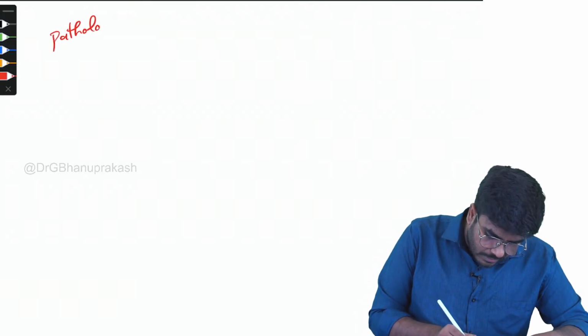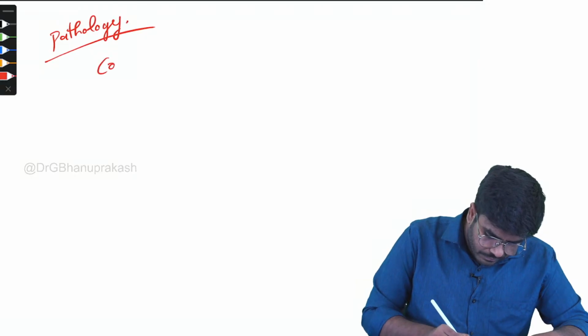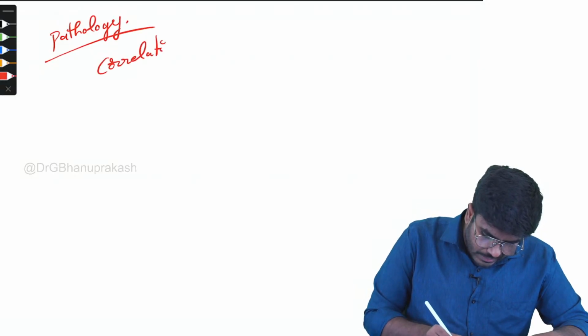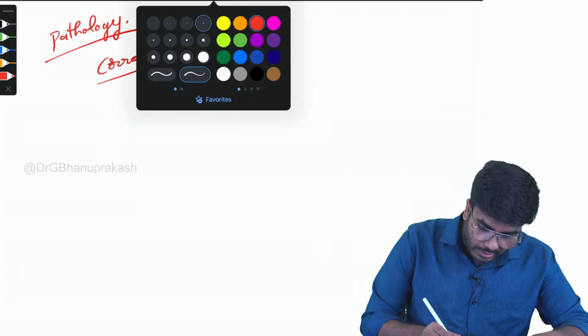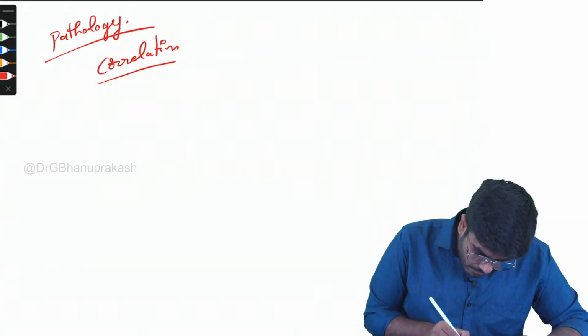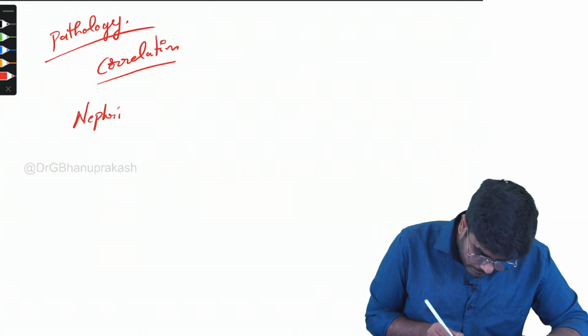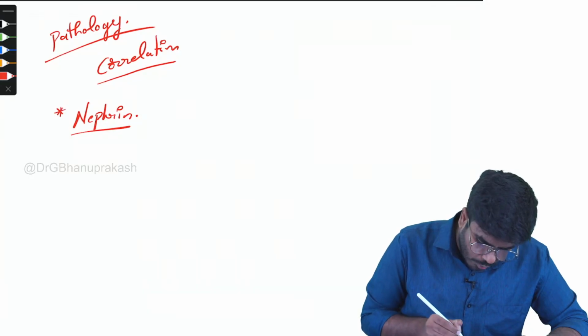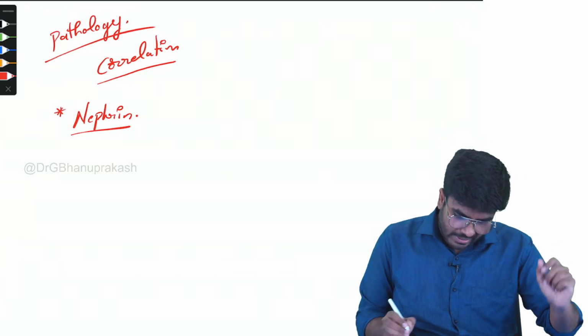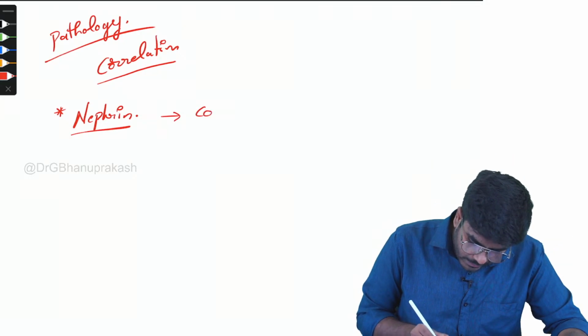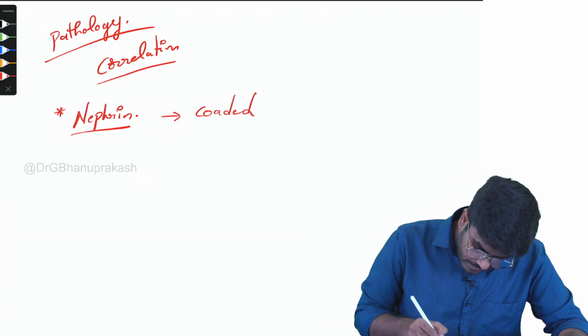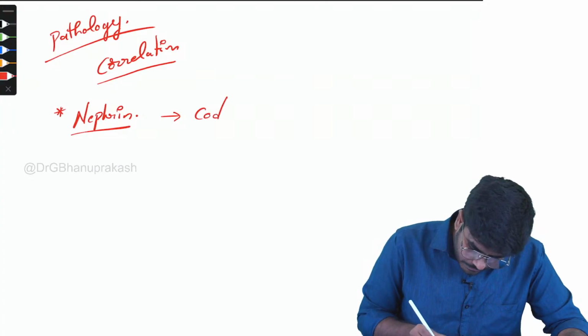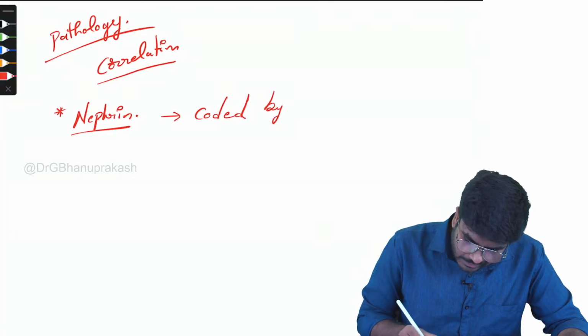Okay. Now let's see the important pathological correlation. If you are really good, try to answer if you know. First, let's talk about nephrin. Nephrin is an important protein which is a component of the slit diaphragm. Nephrin is coded by which gene, anyone knows?